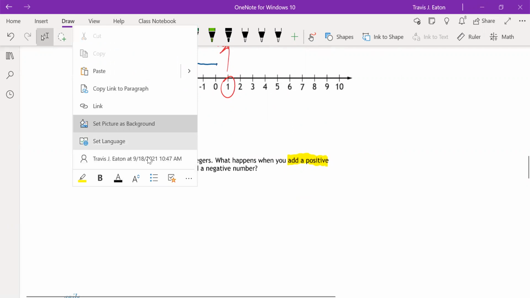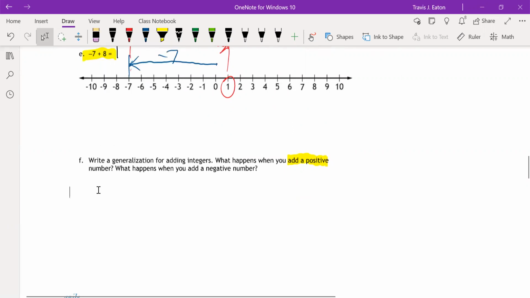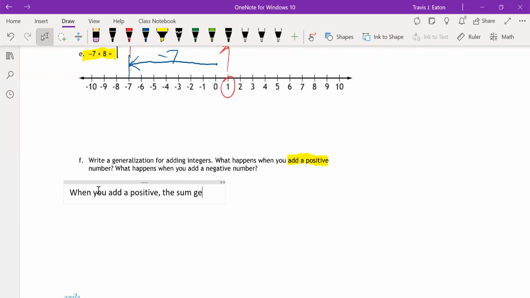Get the right size font here so everybody can see it. Add a positive. The sum gets larger, right? Because we're moving to the right on the number line because we're adding a positive.